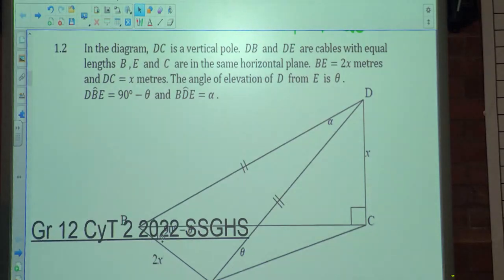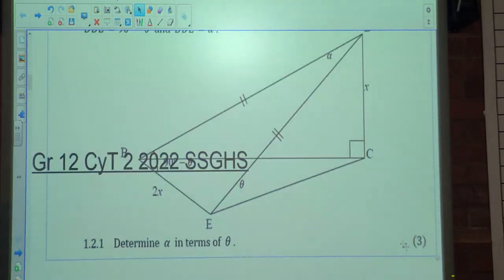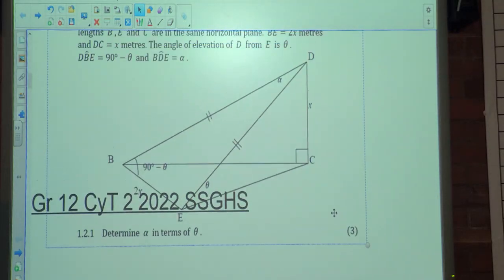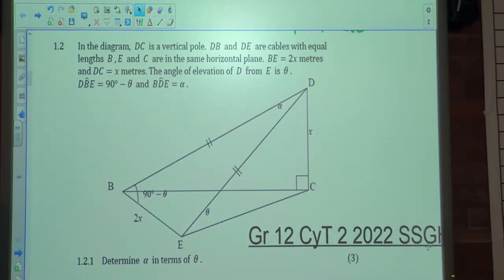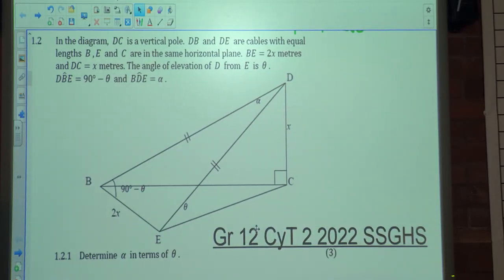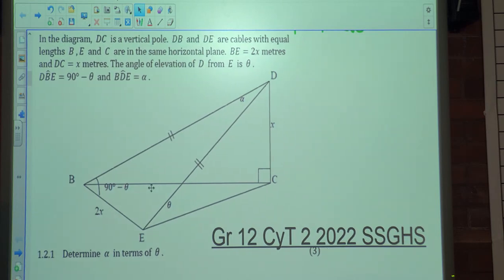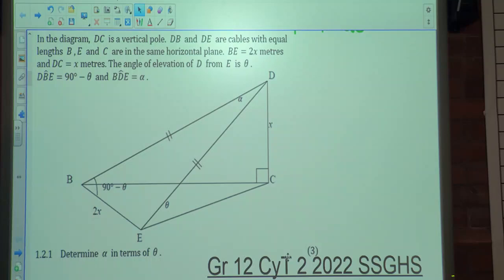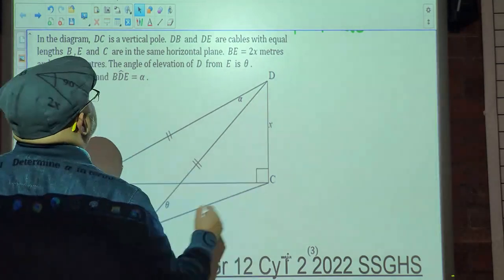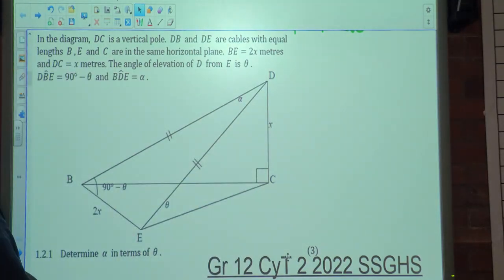It's a distance question. So here we are told that in the diagram, DC is a vertical pole, BD and DE are cables with equal length.